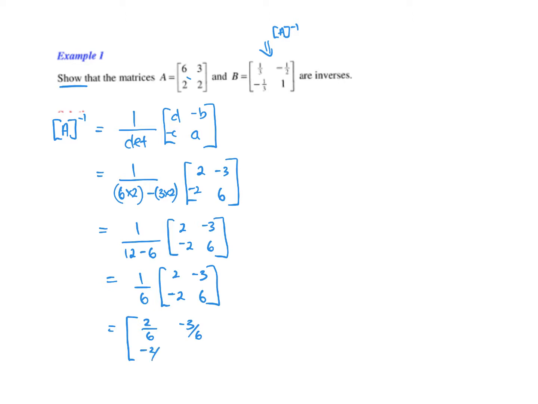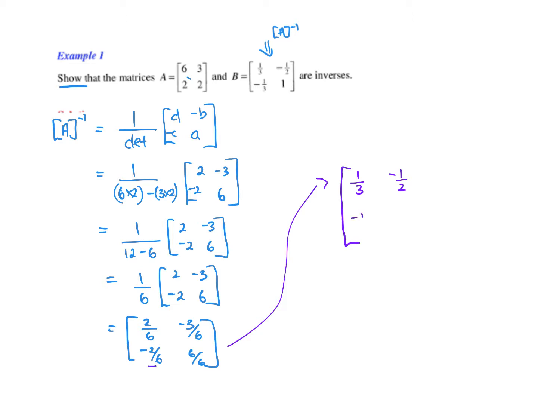And 6 over 6, so we can actually simplify that, can't we? Some of them we can simplify. 2 over 6 would simplify to 1 over 3, yeah? And negative 3 over 6 is the same as negative half. I'm just simplifying these fractions.